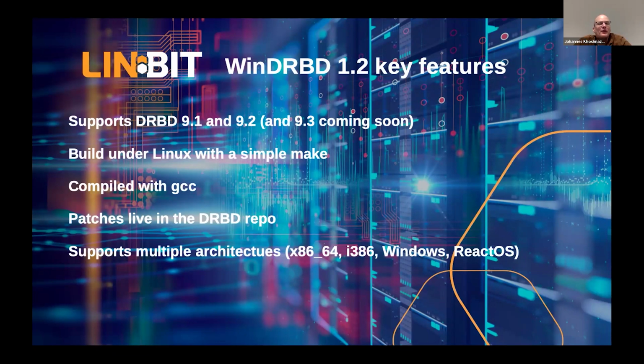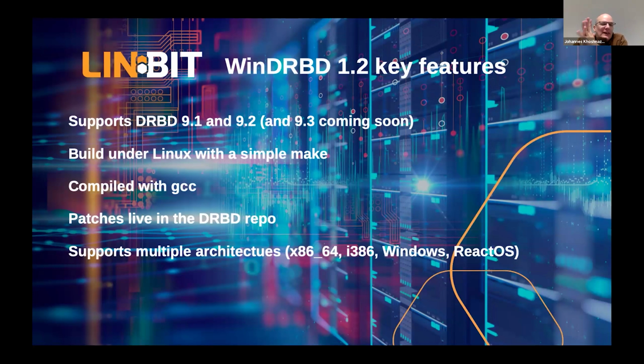We also reworked the build system. In 1.1, it was necessary to have two different virtual machines. You had to compile DRBD utils separately, and the patching mechanism was not so well maintainable. It's all much better now.